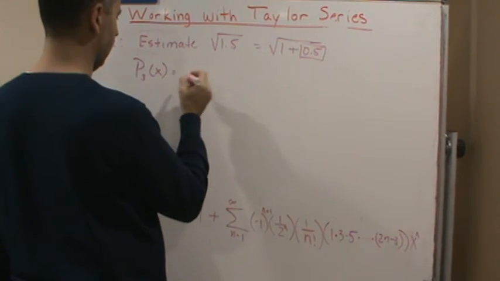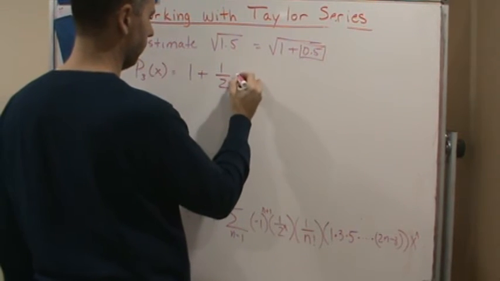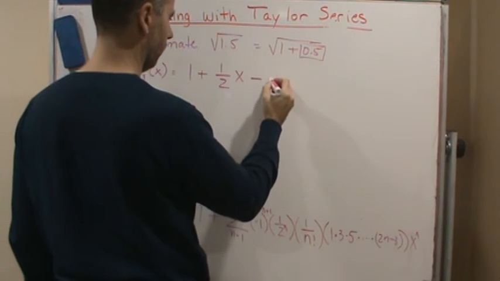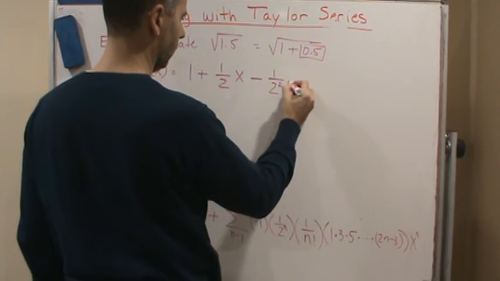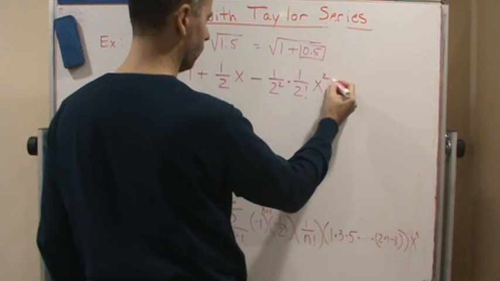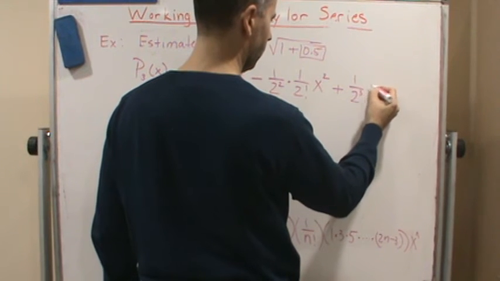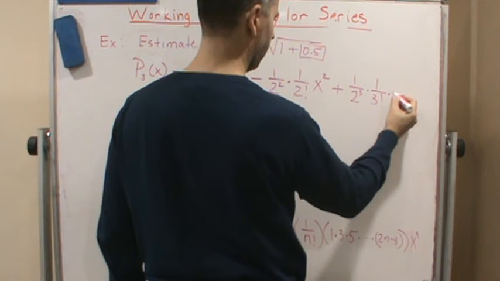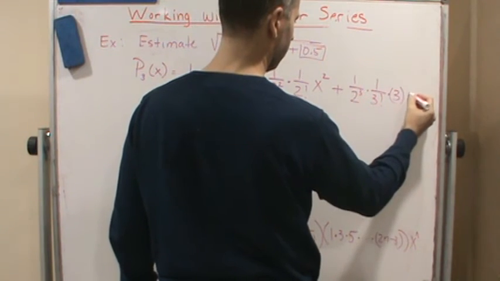So this is going to be 1 plus 1 half x minus 1 over 2 squared times 1 over 2 factorial times x squared plus 1 over 2 cubed times 1 over 3 factorial times 3 times x cubed.